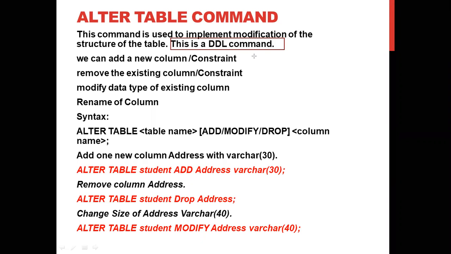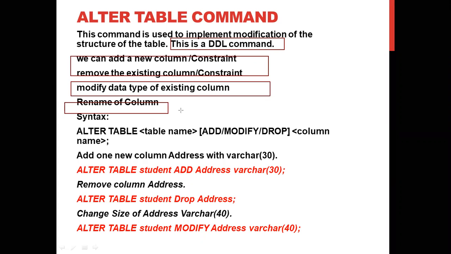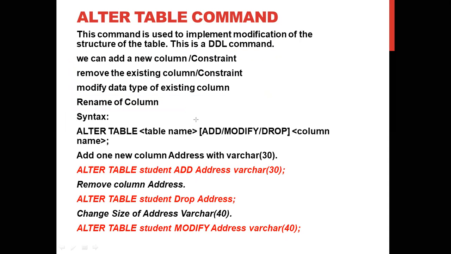We can add rows, constraints, we can add new columns, remove columns, modify the existing columns, rename columns. It means all the operations in the form of columns. Okay, that's why it is a DDL command. For all these operations, only one command is used, but with different clauses.